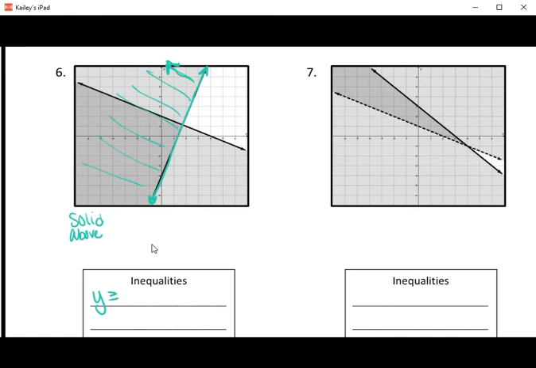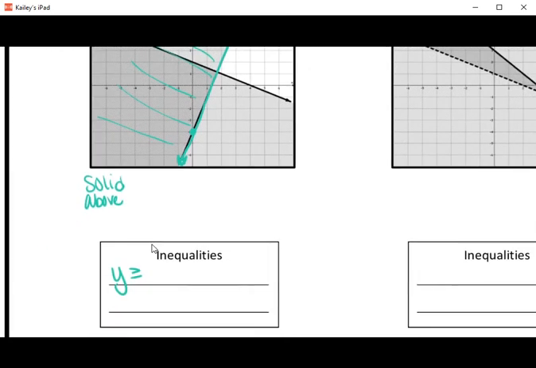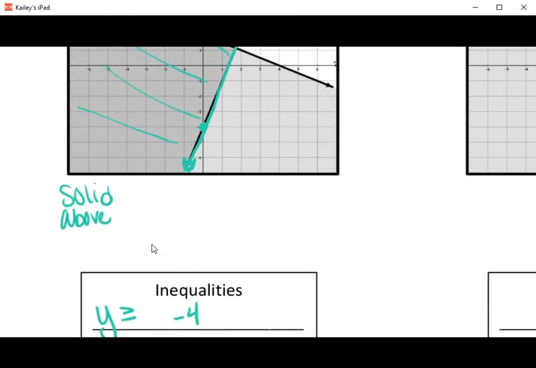All right, then I want to look at the y-intercept, which is down here at -4. And then the last piece would be to find our slope. So we want to find 2 pretty points and then count the rise over run. 1, 2, 3. And then the run would be 1. So that would be a slope of 3.